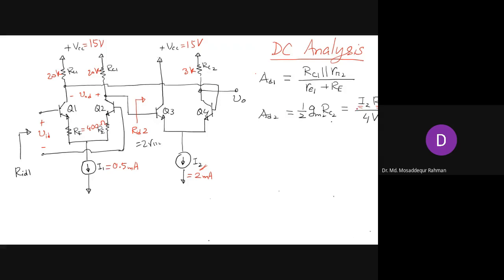So whichever you increase, overall you are increasing this voltage drop, right?